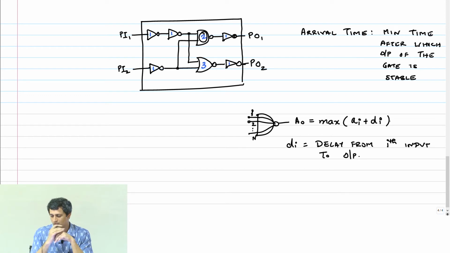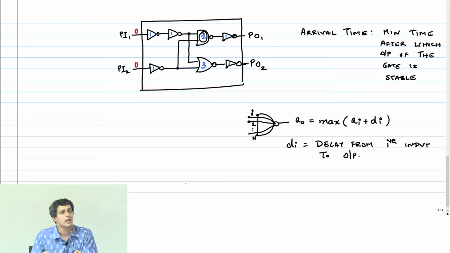This I will call a small ao. Clearly there is a maximum operation that we have to perform here. By definition, arrival time at primary inputs is 0. They arrive at time 0, right? It's just a definition. So arrival time here, I'm going to mark it in red, is 0.